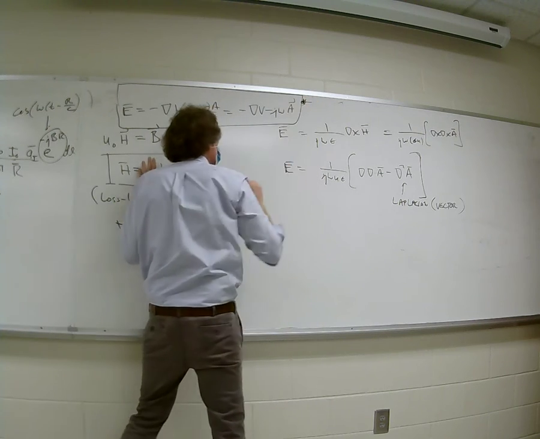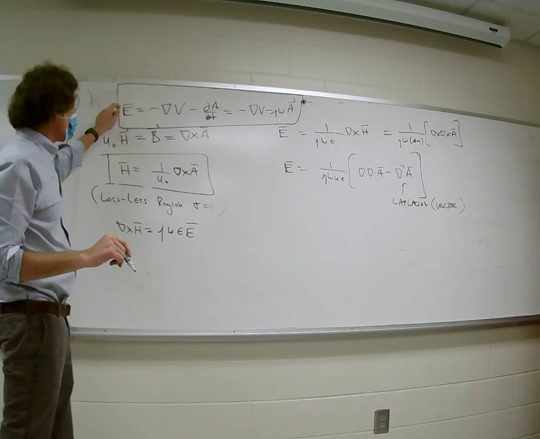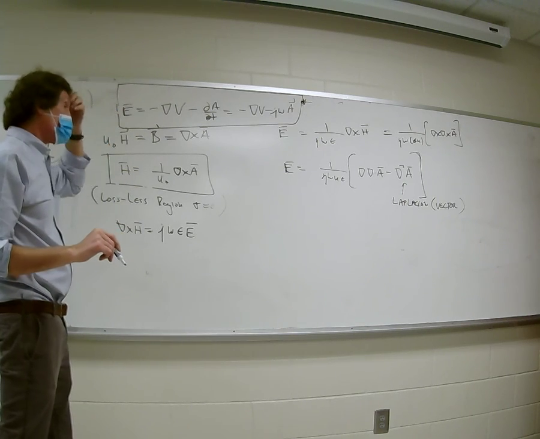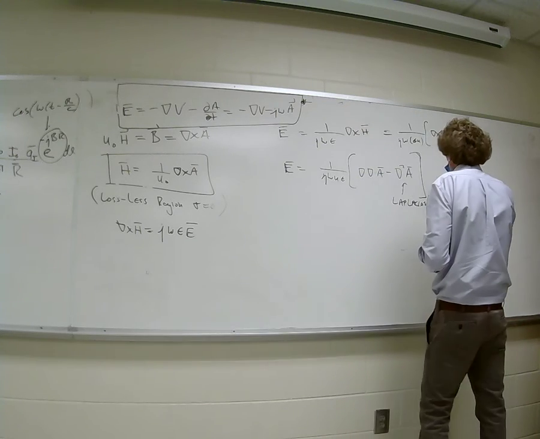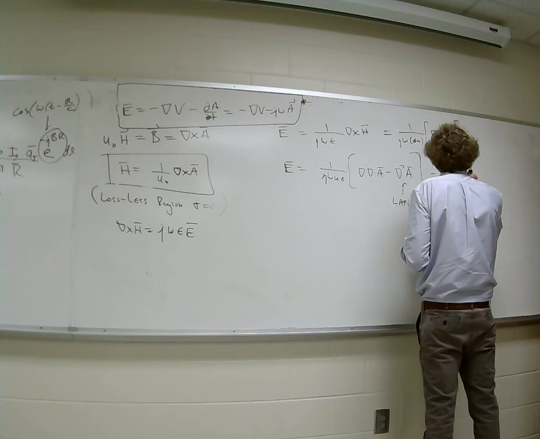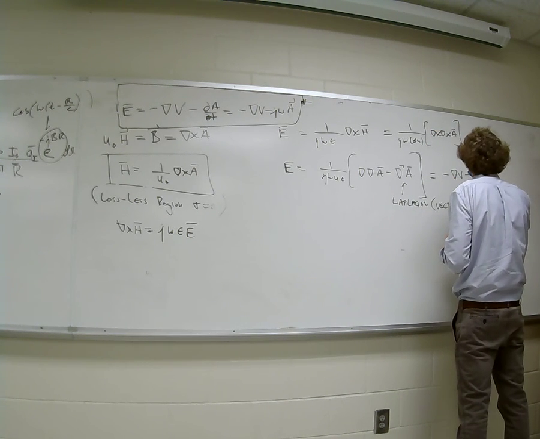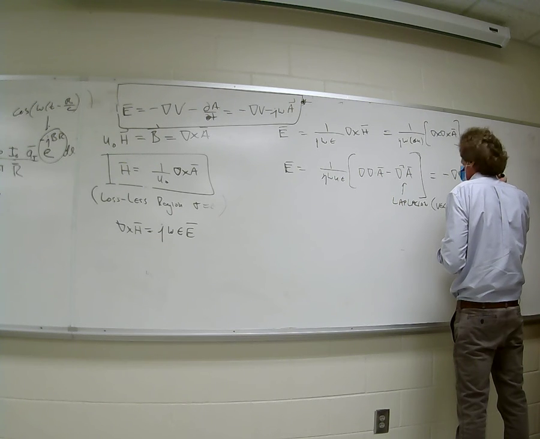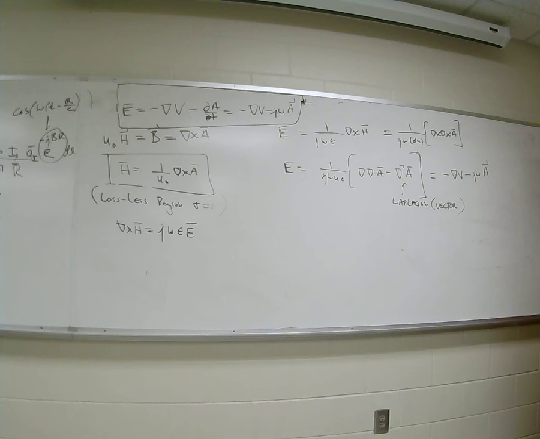I'm going to have to come back to that in a little bit and explain it more. But anyway, we have E and H. Now I'm going to show you something. I'm going to go over here, and I'm going to set this equal to minus the gradient of the voltage minus j omega times A. And now I'm going to show you something.